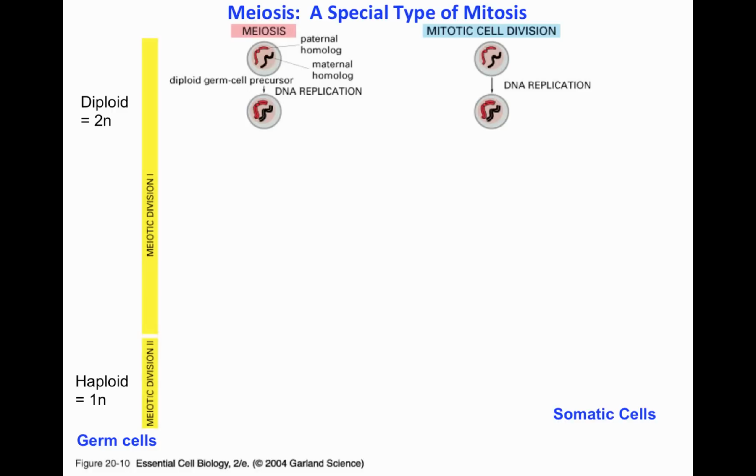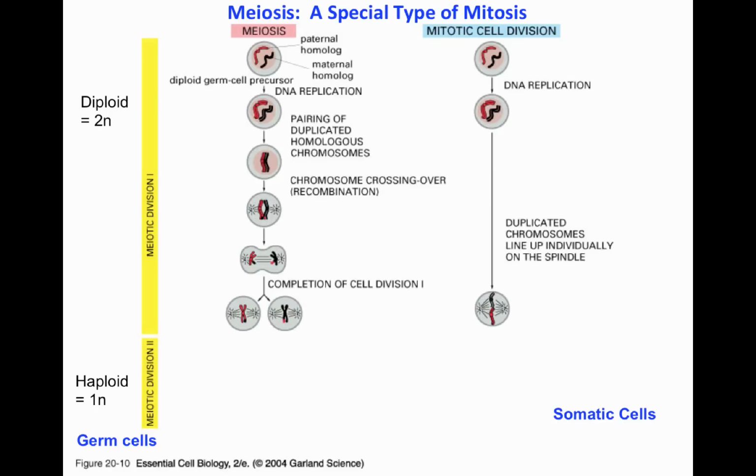So what you can appreciate here on the left, during meiosis, you have a red paternal homolog and a black maternal homolog. The cell is going to go through S phase, and both the paternal and maternal homologs will be duplicated, creating a mitotic chromosome that has a pair of sister chromatids attached to one another through the centromere.